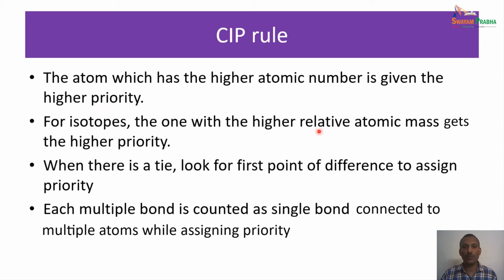For isotopes, the one with the higher relative atomic mass is given the higher priority. When there is a tie, we look for the first point of difference to assign the priority. And each multiple bond is counted as a single bond to multiple atoms while assigning priority. So these are all the various CIP rules which we already know.